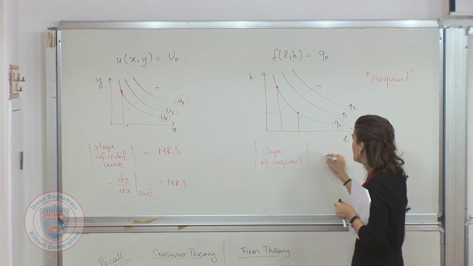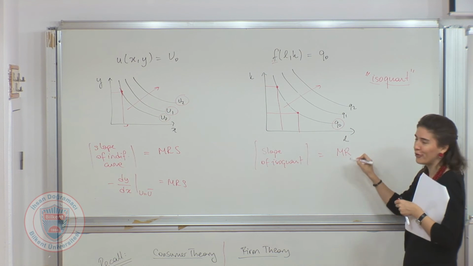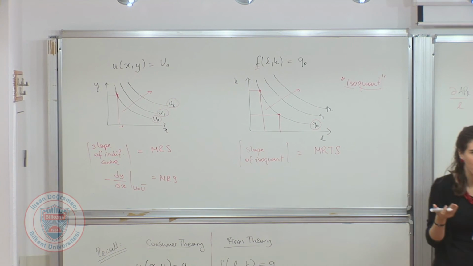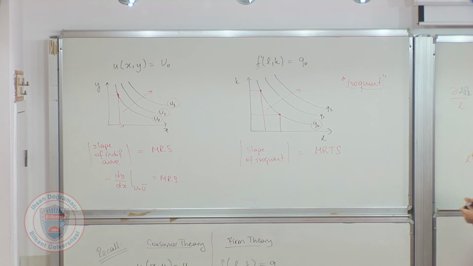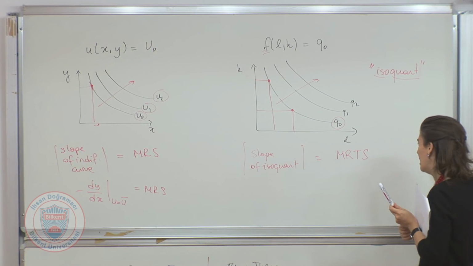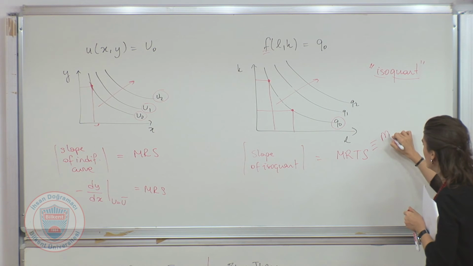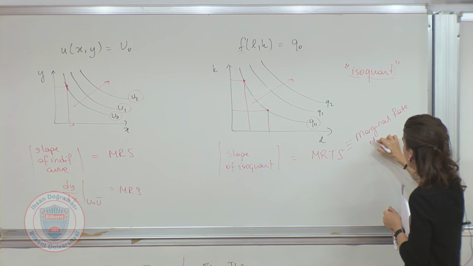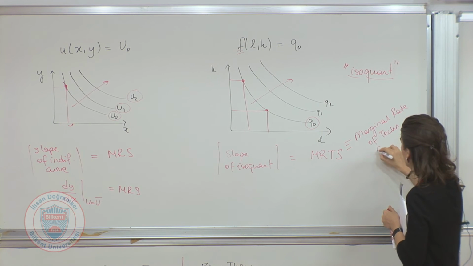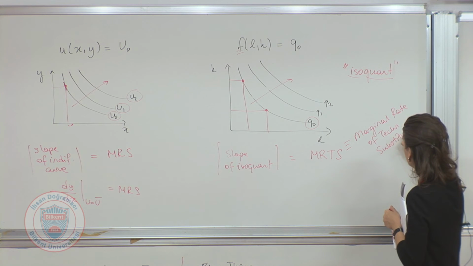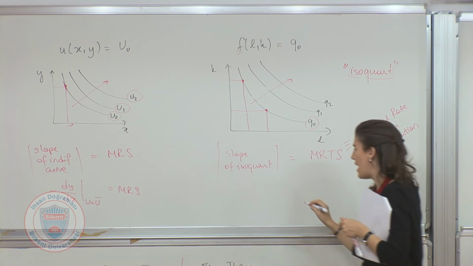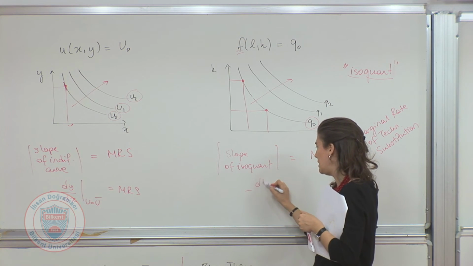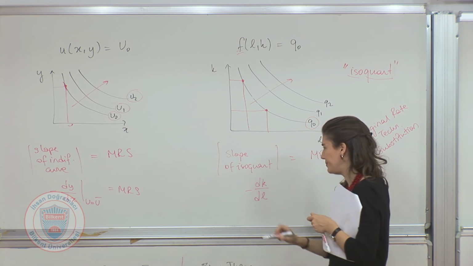It will be called marginal rate of technical substitution, okay? It's the same concept, it's just that now the jargon is a little bit different. So this is called marginal rate of technical substitution, and it's going to be minus dK over dL, okay?